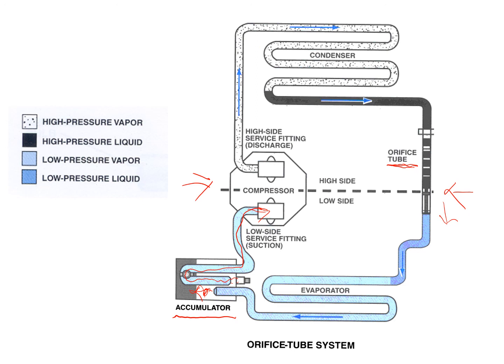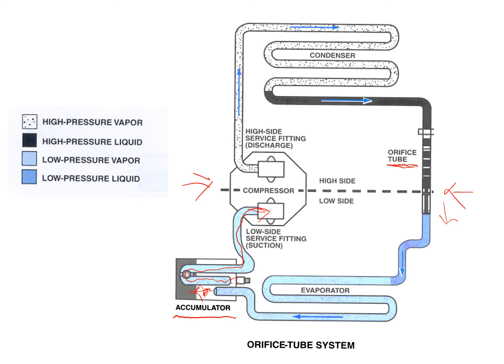So any liquid that gets out of the evaporator is going to go into the accumulator, and the accumulator would allow that refrigerant to expand one more time and change over into a vapor before it moves on to the compressor. The compressor does not like liquid refrigerant.